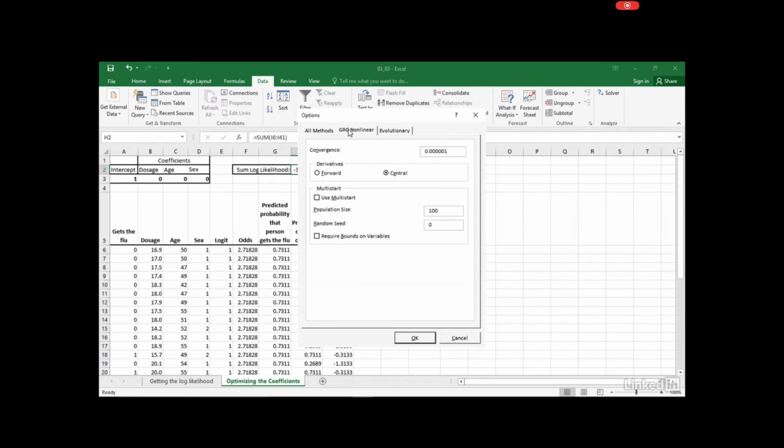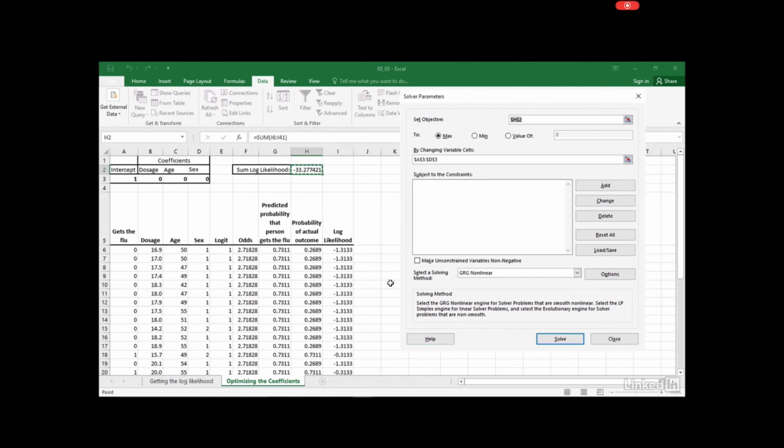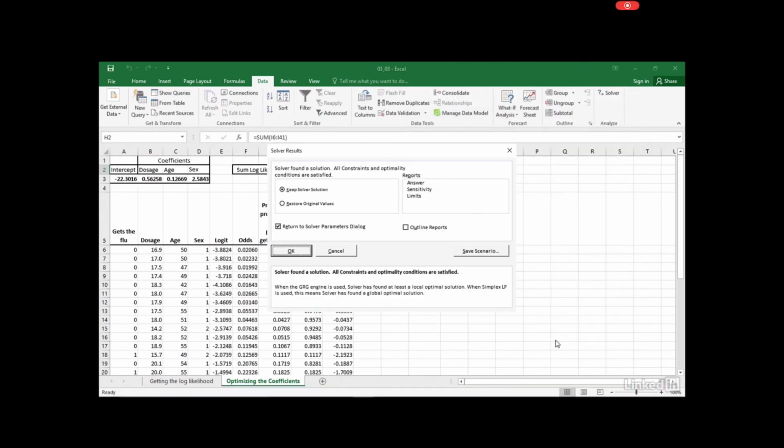What you want to make sure here is that the Central derivatives option button is chosen, and we'll make sure that the Require Bounds on Variables is unselected. You don't want to put bounds on these variables at this point. And then click OK to get back to the Solver Parameters dialog box, and you click Solve.